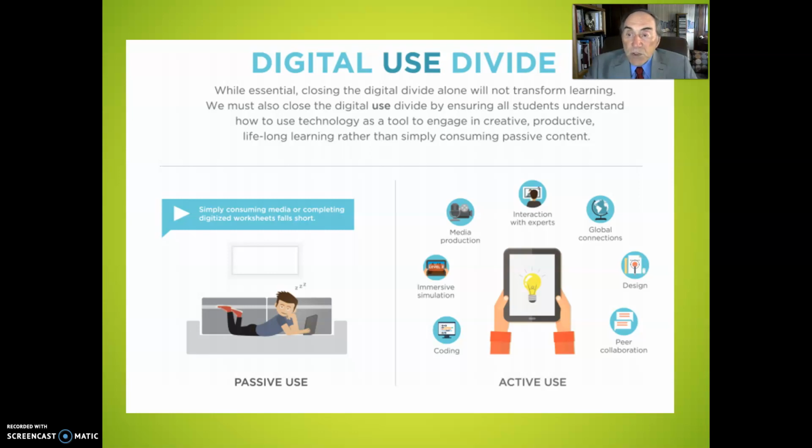Educators must close the digital use divide or participation gap by ensuring all students, regardless of race, ethnicity, language, gender, disability, or socioeconomic status, understand how to use technology as a tool to engage as an active user in coding, immersive simulations, media productions, interactions with global experts, and peer collaborations through lifelong learning, rather than as a passive user by simply consuming social media posts and watching TikTok or YouTube videos.